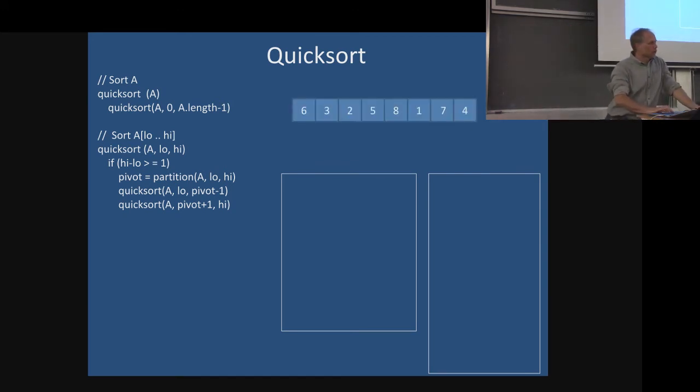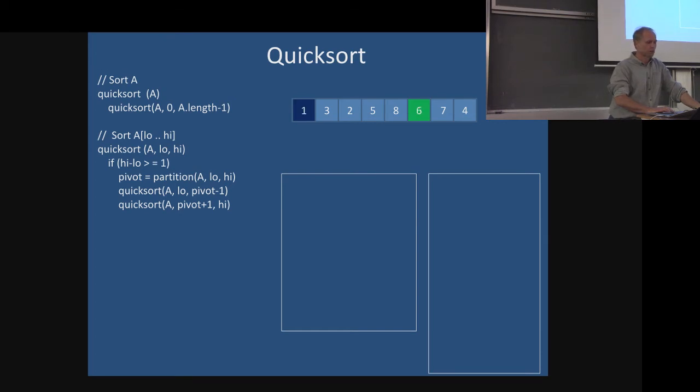So just to remind you how quicksort works, we pick a pivot. In this case, I'm going to pick the last element as my pivot, 4. And then I scan through the array, starting from the left, and I'm looking for something bigger than 4, and I found it in 6. Then I scan from the right, looking for something smaller than 4. So I'm trying to put the things smaller than 4 to the left, things bigger than 4 to the right. So what do we do when we find that thing bigger than 4 and the thing smaller than 4?